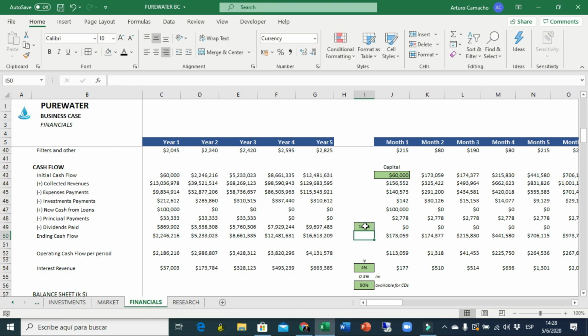So this percentage that I place here is exactly that. I mean, how much is allowed to be distributed as a dividend from the net income.